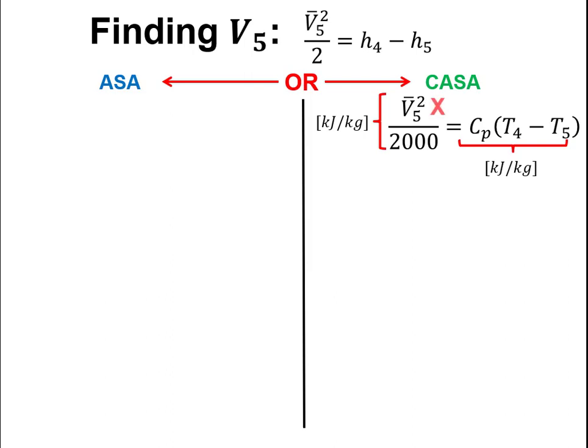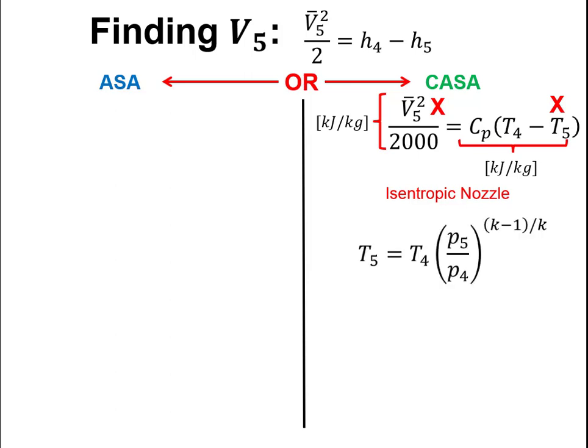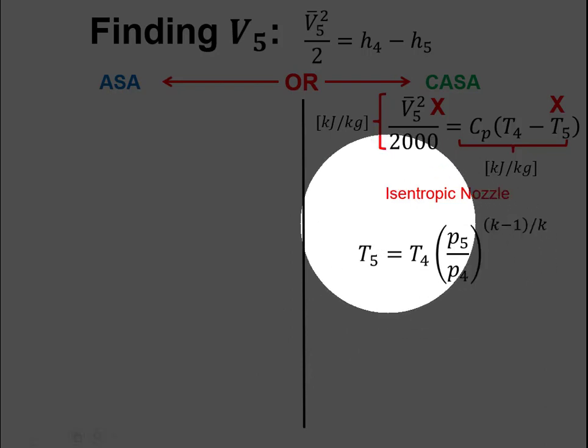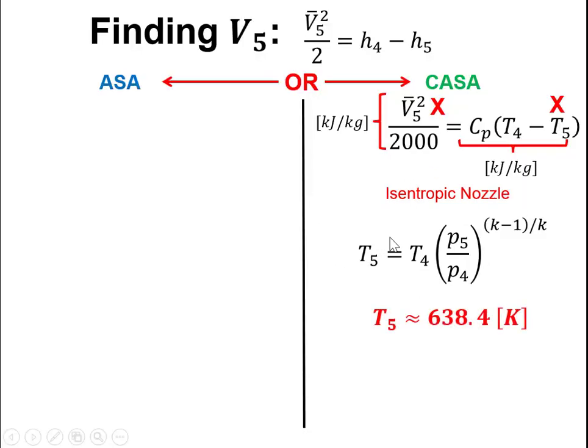My units match, but I don't know V5 and I don't know T5, so I have to use the assumption that the nozzle is isentropic. If the nozzle is isentropic, then I can use this equation with k in the exponent to find T5. Here, I find that T5 is 638 degrees Kelvin.